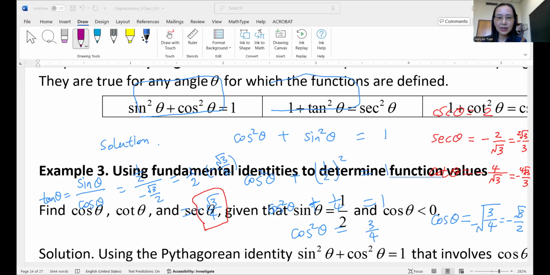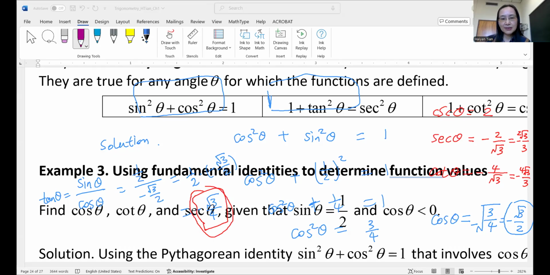So using Pythagorean identity, we can find cosine, right? From sine, we can find cosine. So after we find cosine, then use the quotient identity, we found tangent, because sine over cosine will allow us to find tangent.